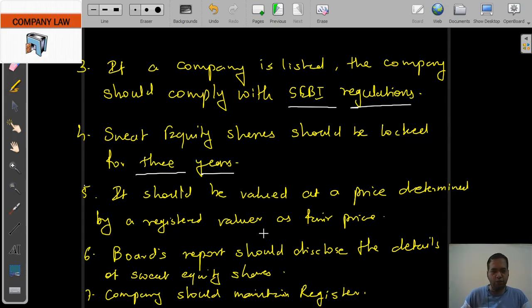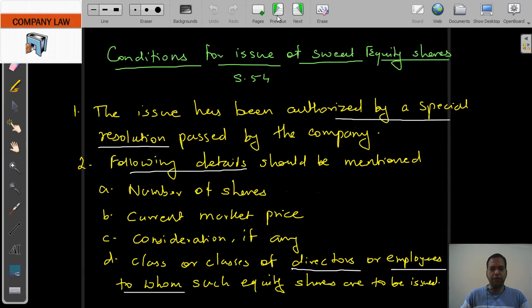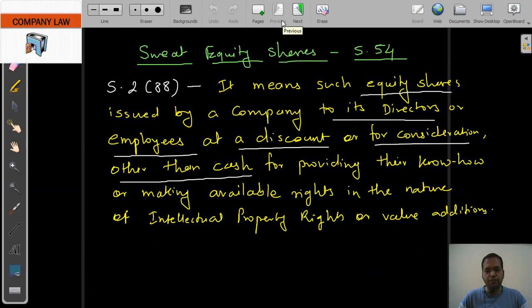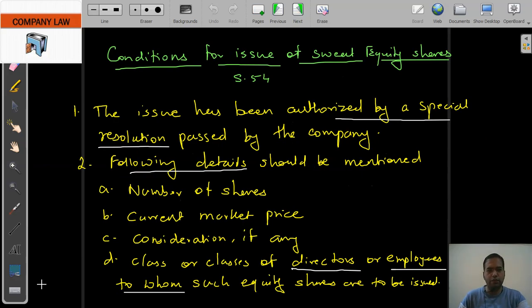Let me just highlight the important points. The fair price, maintain register. I hope you have understood the sweat equity shares. Please make a note of all these points. So we started with the definition. Then conditions.